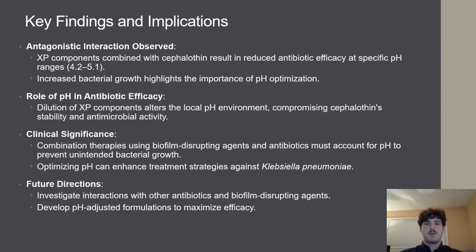These combination therapies need to account for pH optimization, specifically against Klebsiella pneumoniae. Further studies should use other antibiotics and also other biofilm disrupting agents. Also, these solutions should look into pH-adjusted formulations to maximize their efficacy as they get diluted down.